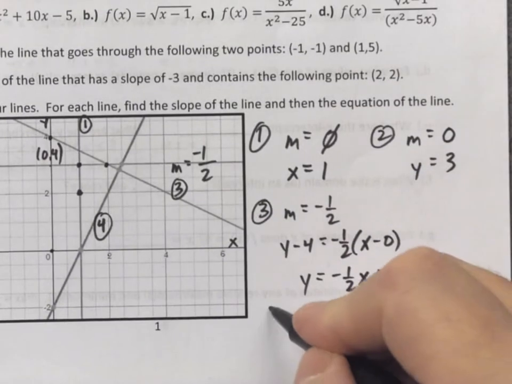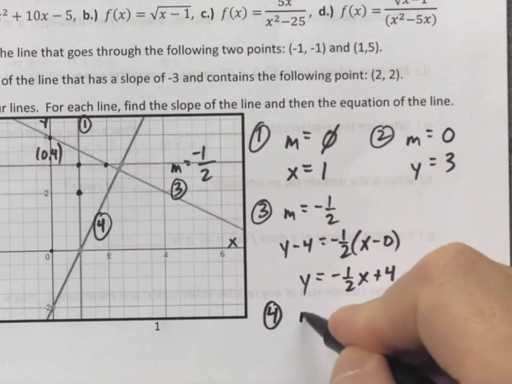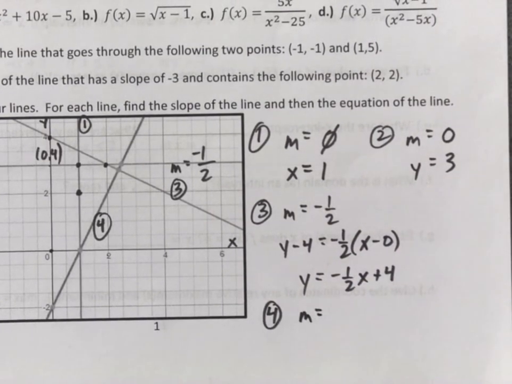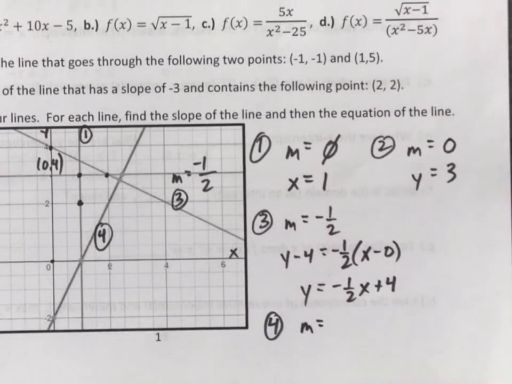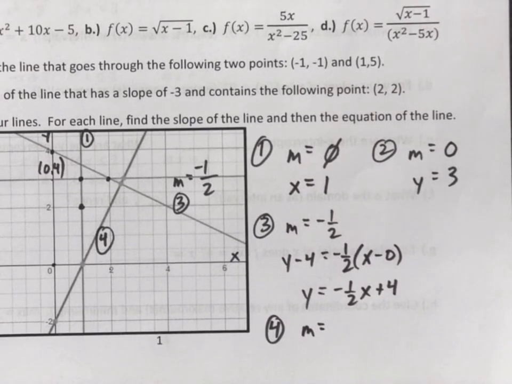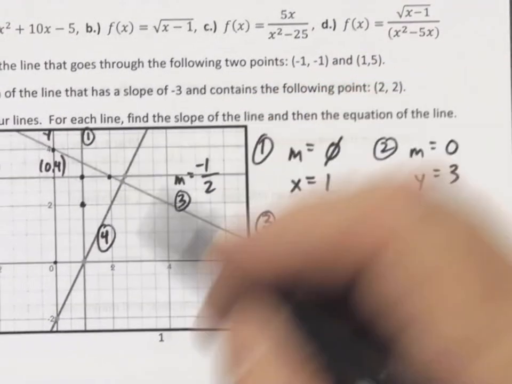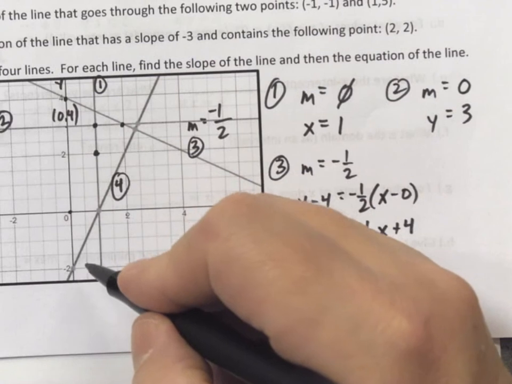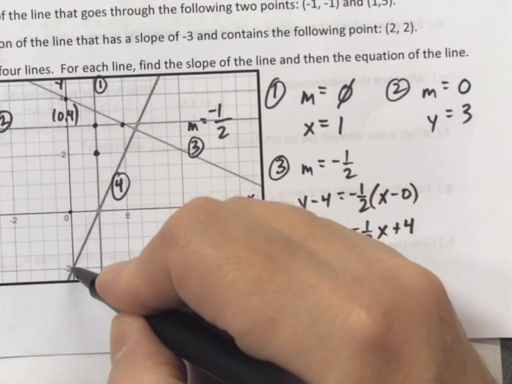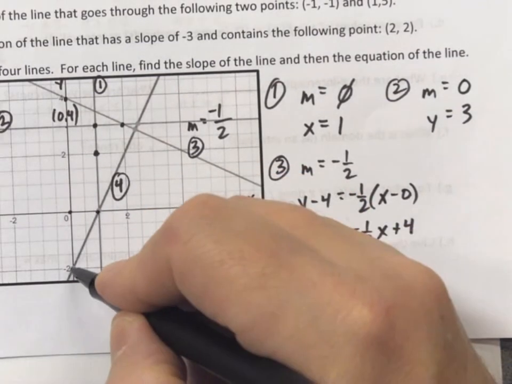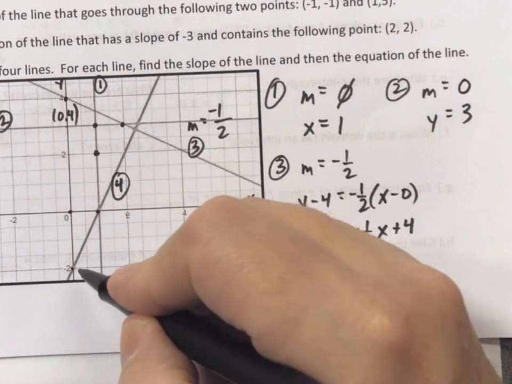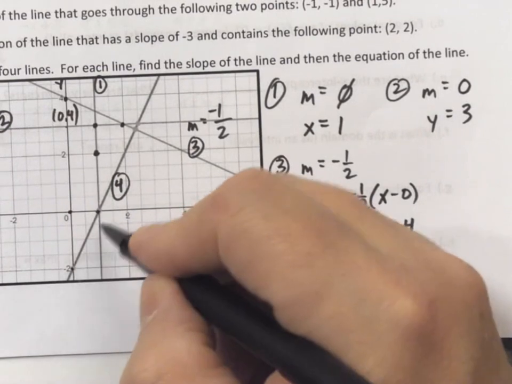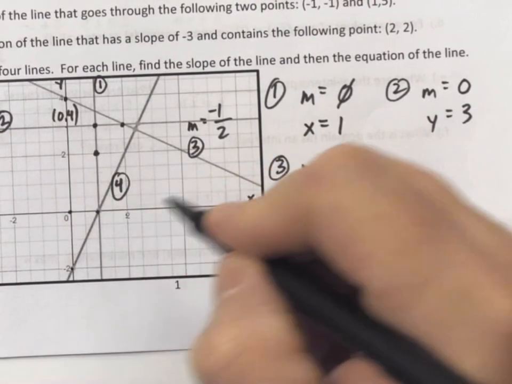Now let's do the same thing for line 4. First step is to determine the slope. So let's see if we can see. How about we'll do it down here. It's not quite as messy. So if I go from here to here, down here I'm at -2. Up here I'm at x is 1.